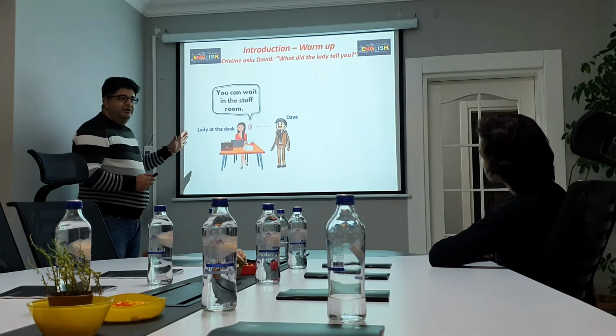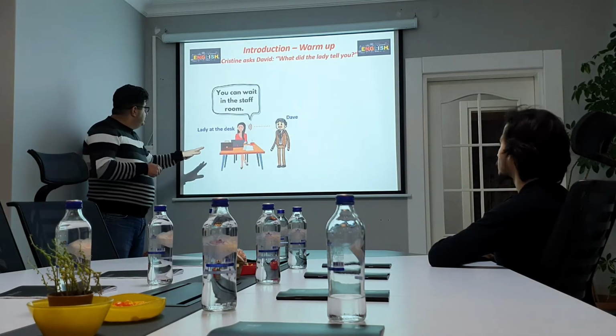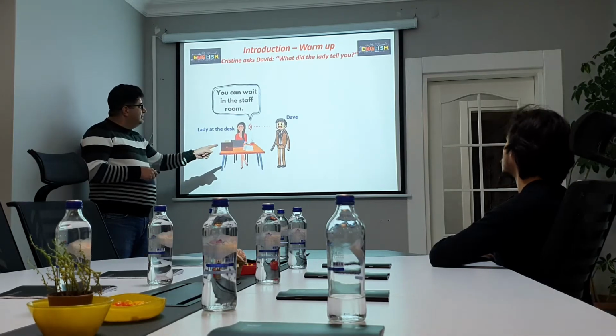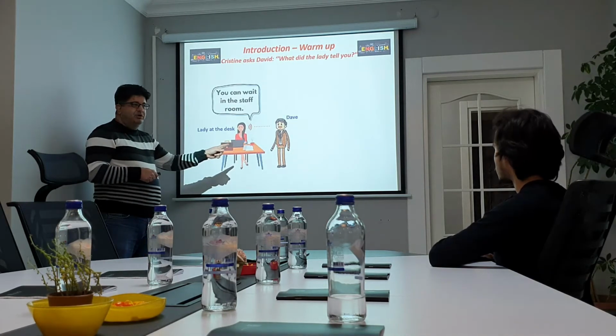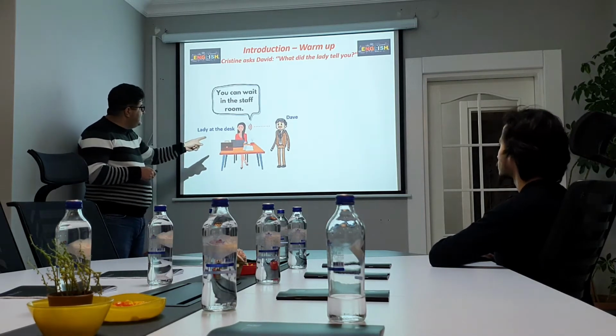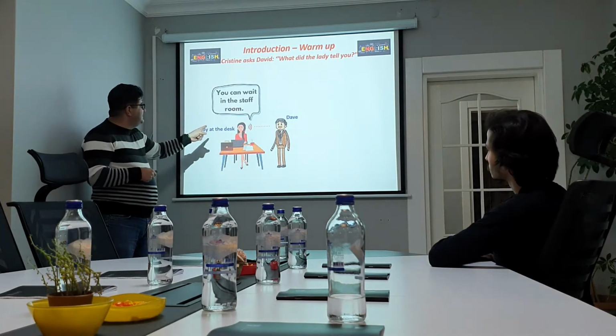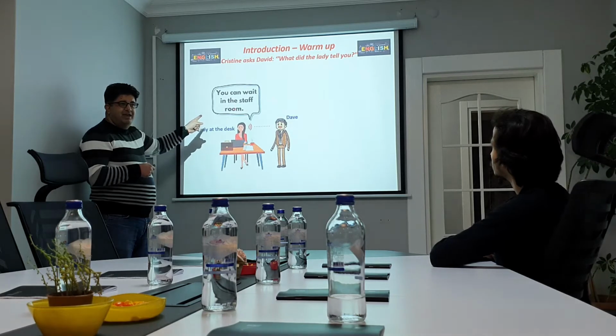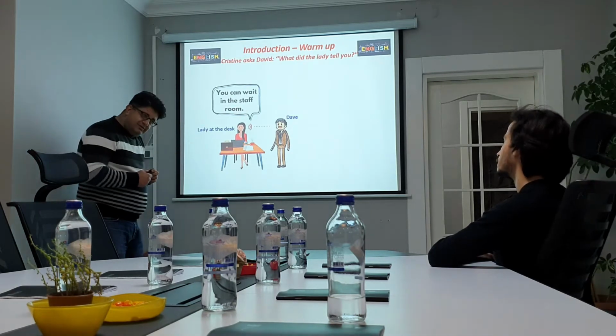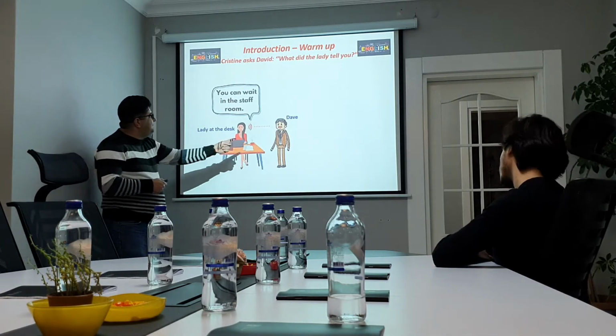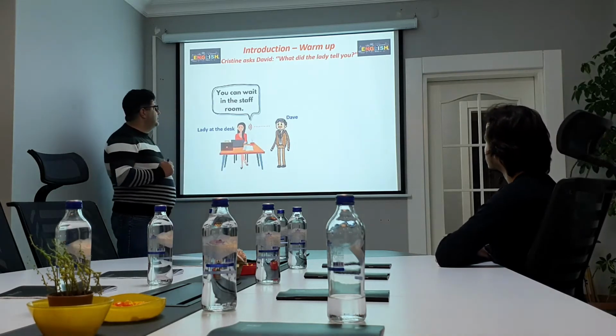What do we see here? There's a lady at the desk. There's a man called Dave. And the lady at the desk says to Dave something. What does she say? You can wait in the staff room. Yes, you can wait in the staff room, Dave.